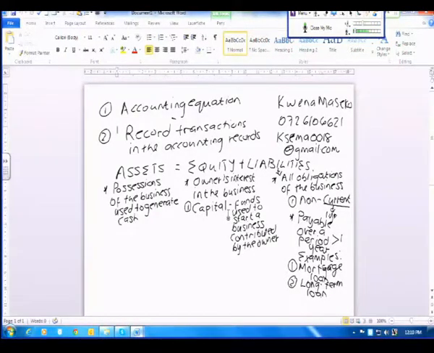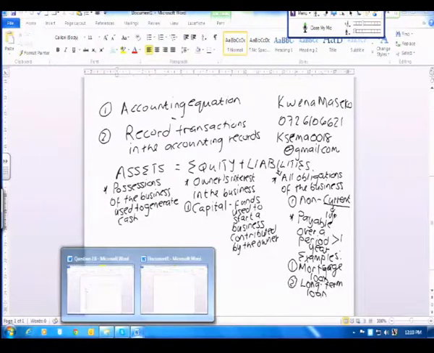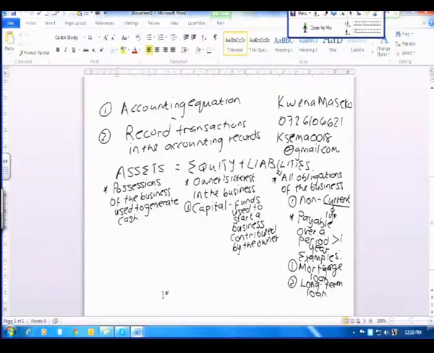So we need to go to the other type of liability. Let's go to a new document. So we're just finding our way.